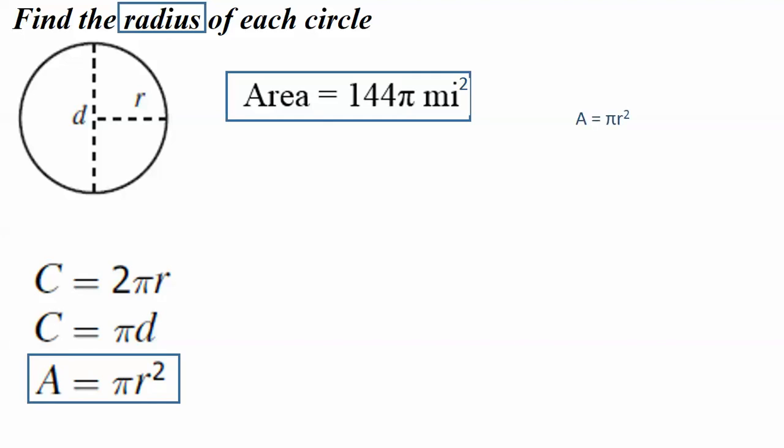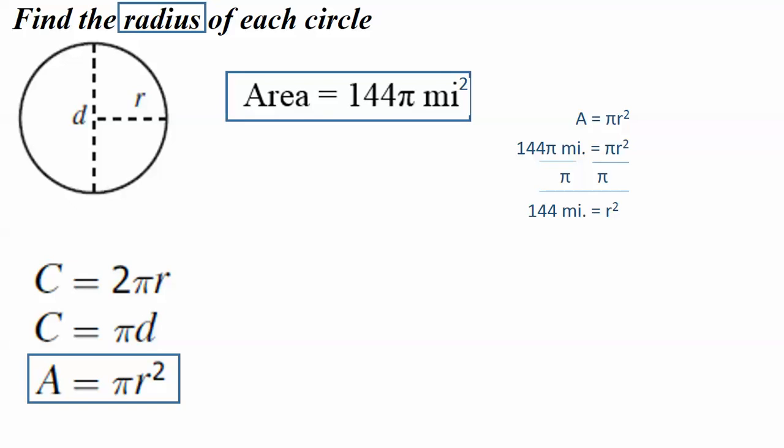So if my area is pi times r squared, and my area is 144 pi miles squared, then I know that 144 pi miles squared equals pi r squared. Right? I need to get that r alone, or as low as I can get it. So I'll divide both sides by pi, and I find that 144 miles squared equals my r squared.